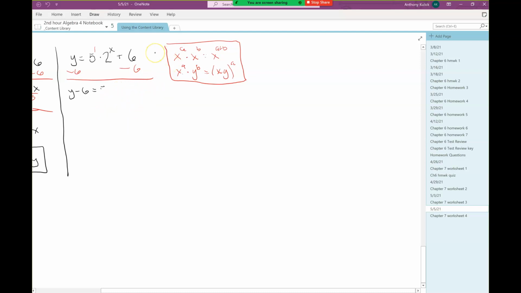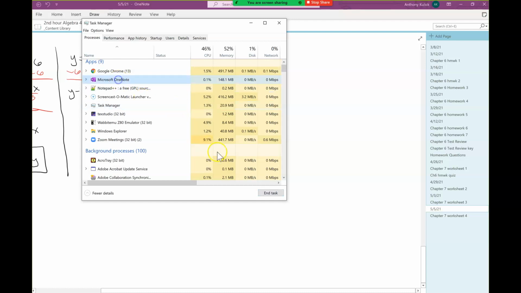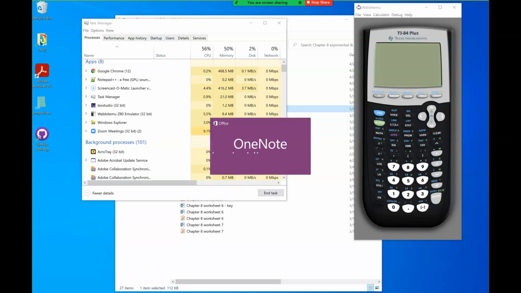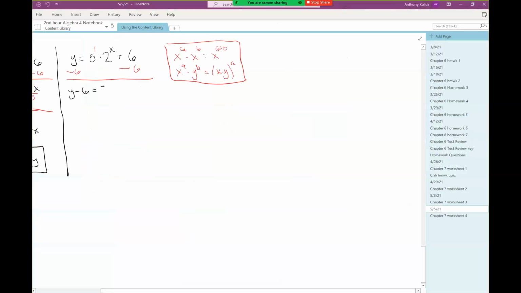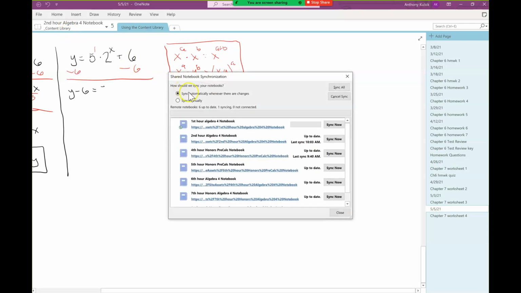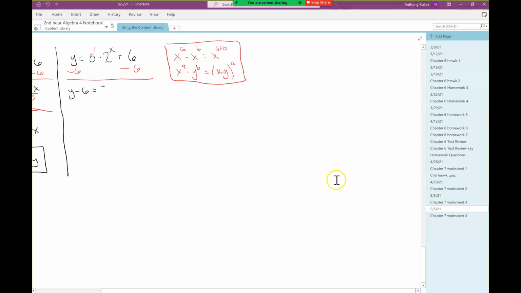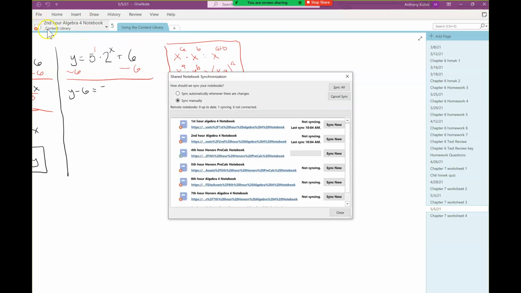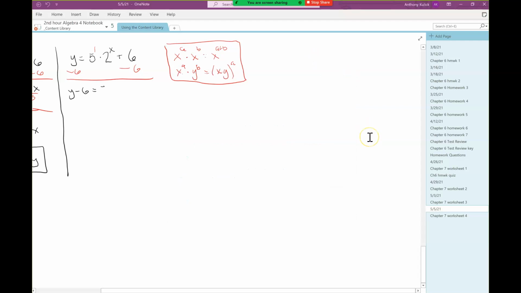I couldn't even do it, it just immediately froze. Okay, here comes number... Is this number 7 or 8 now? 7. I'm going to try doing that and see if that helps make a difference. Why does it still say it's syncing? It shouldn't be syncing anymore. I told it to stop.